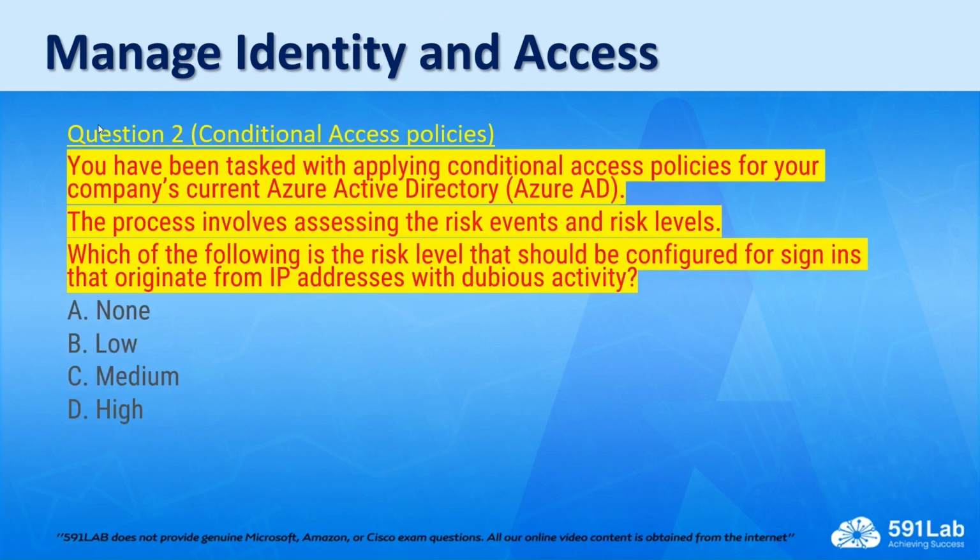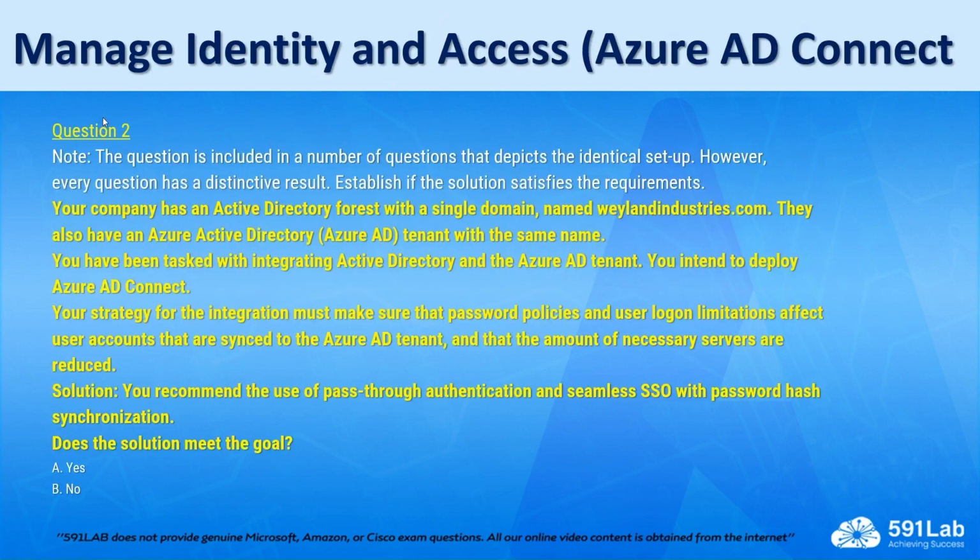On Azure AD Connect, the question goes: your company has an Active Directory forest with a single domain named waylandindustries.com. They also have an Azure Active Directory (Azure AD) tenant with the same name. You have been tasked with integrating Active Directory and the Azure AD tenant. You intend to deploy Azure AD Connect.